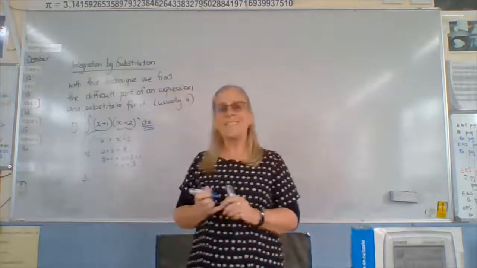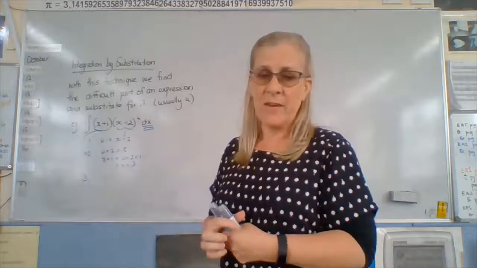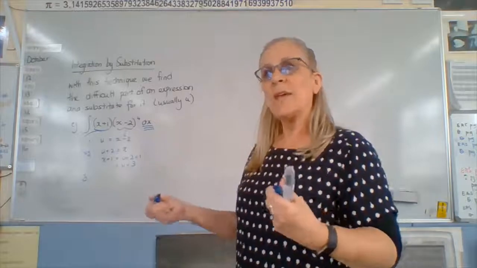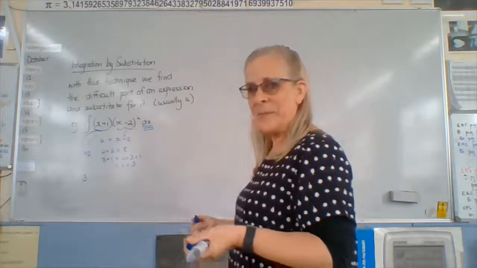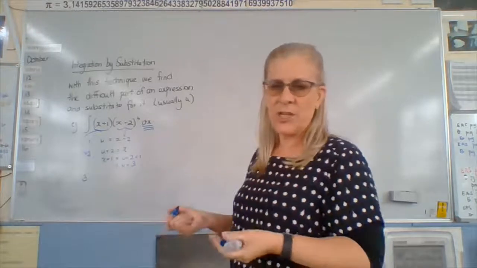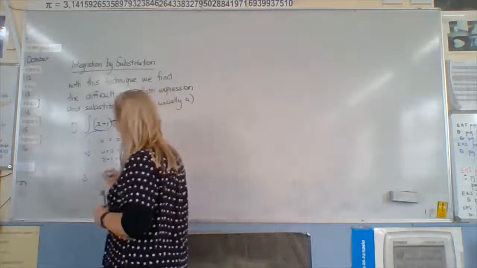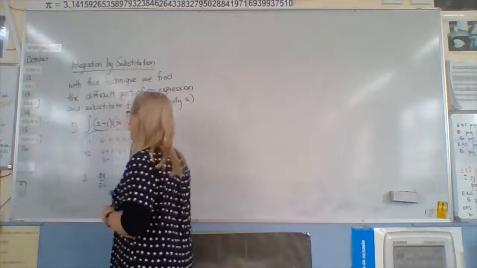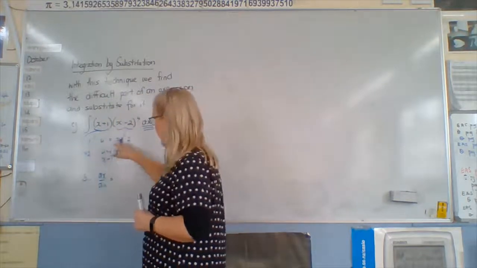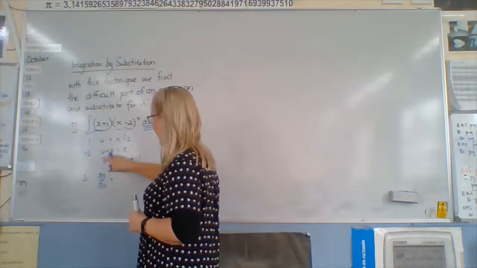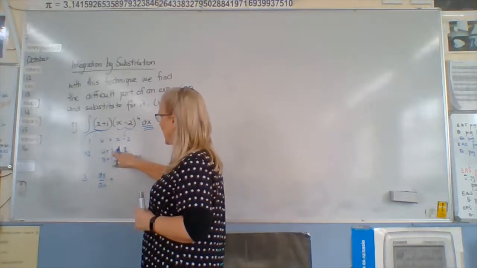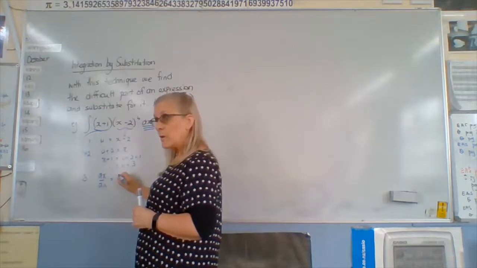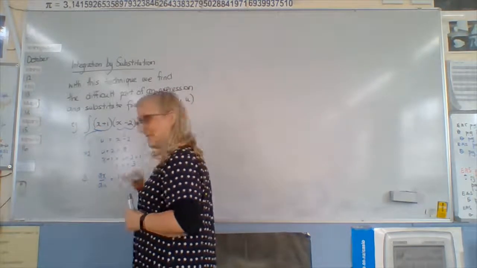It's got a dx and we need it to have a du. So to get a du, what we have to do is differentiate. So we need to differentiate dx by du equals. This is the x here, right? Wherever it is now, here: u plus 2. U plus 2 differentiates to 1.